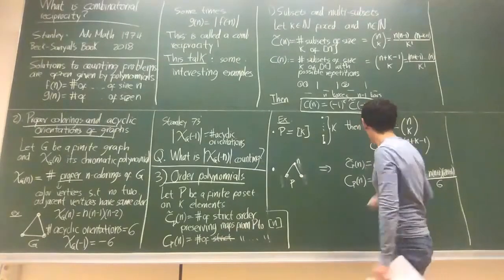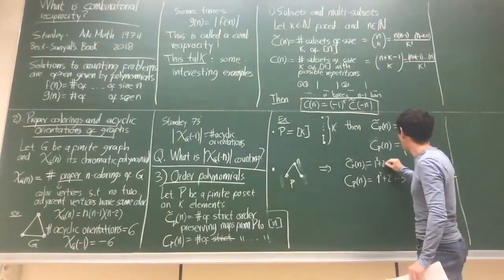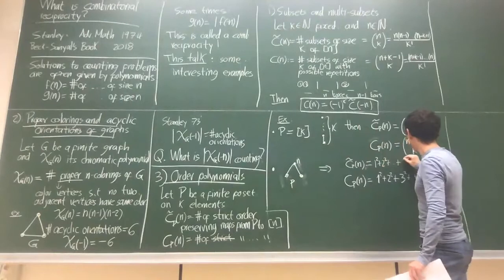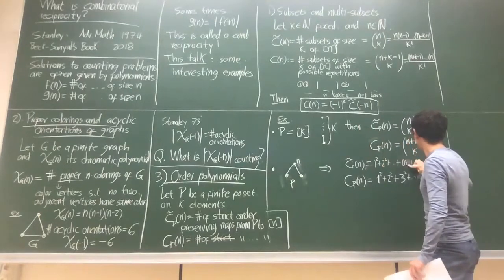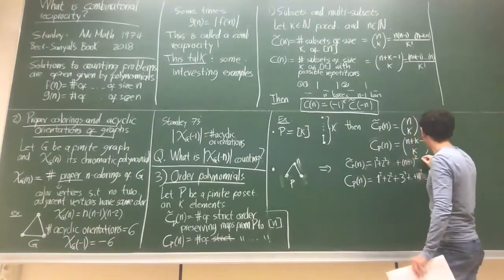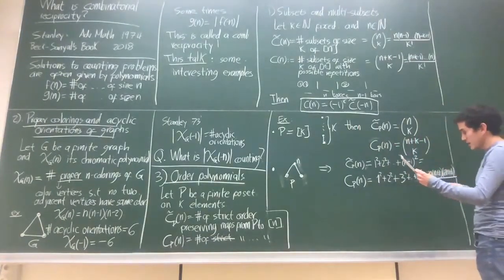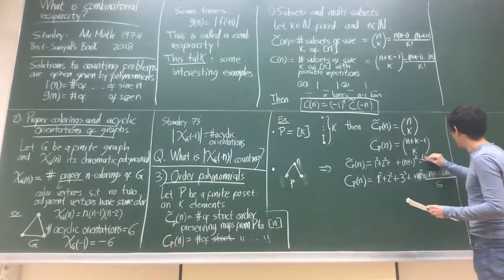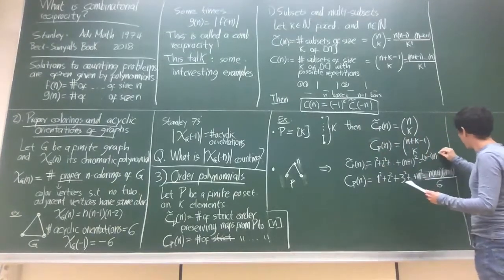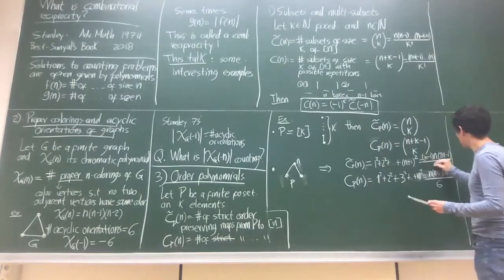And so on. So I get 1 squared plus 2 squared up to (n minus 1) squared possibilities. And this is equal, if you just replace that formula, to (n minus 1) times n times (2n minus 1) divided by 6.